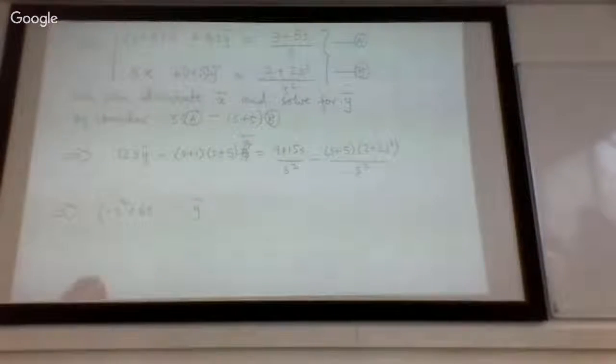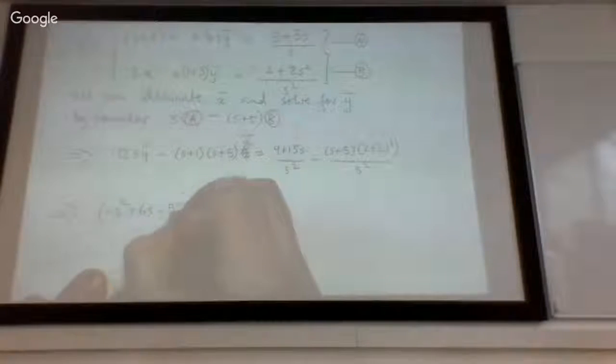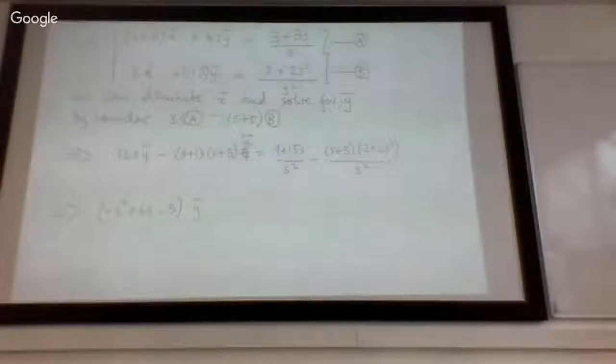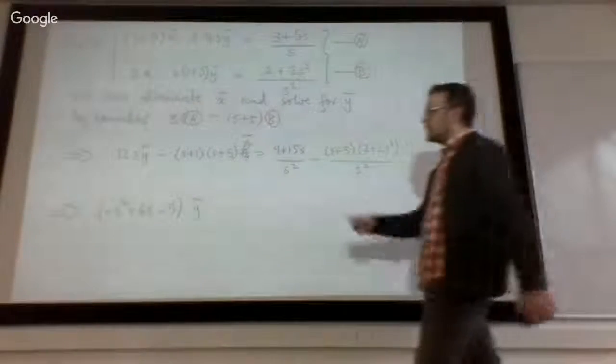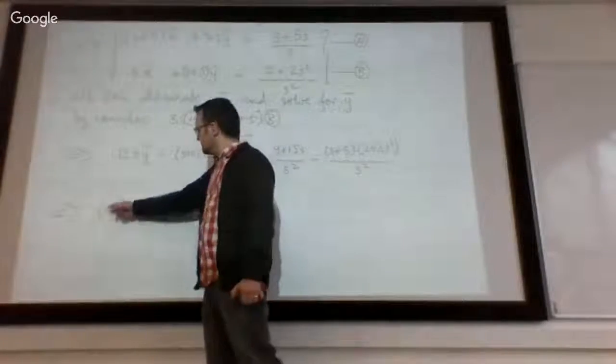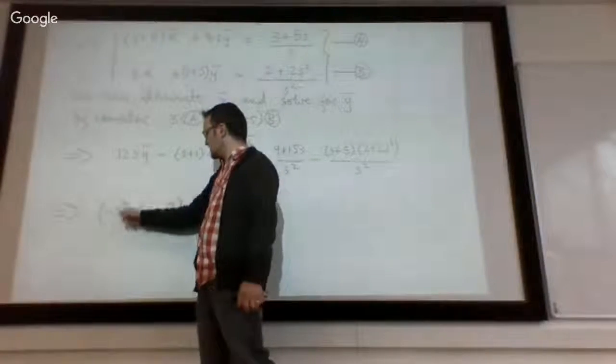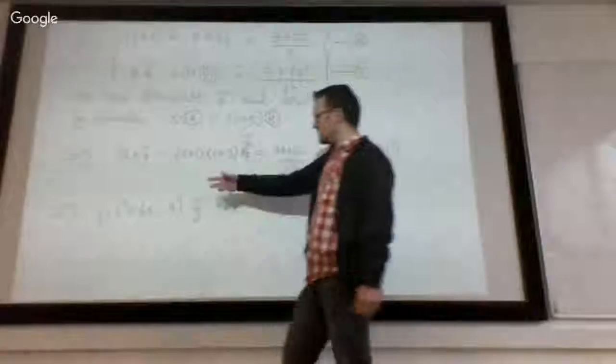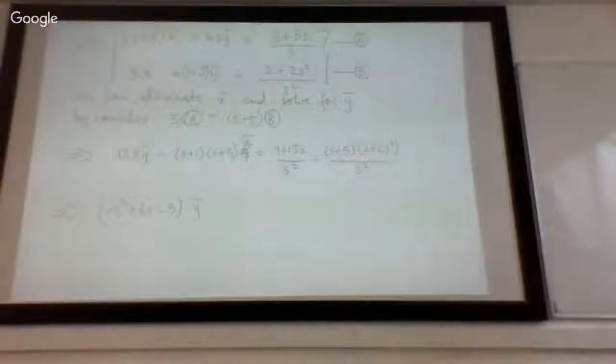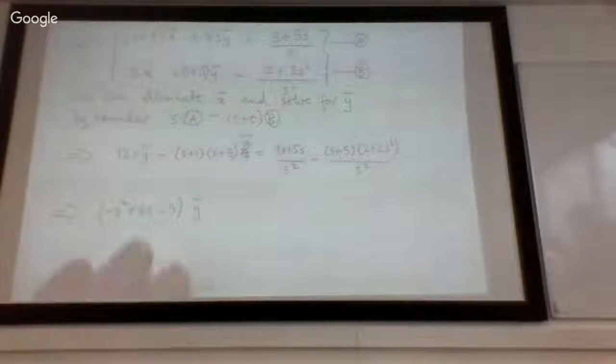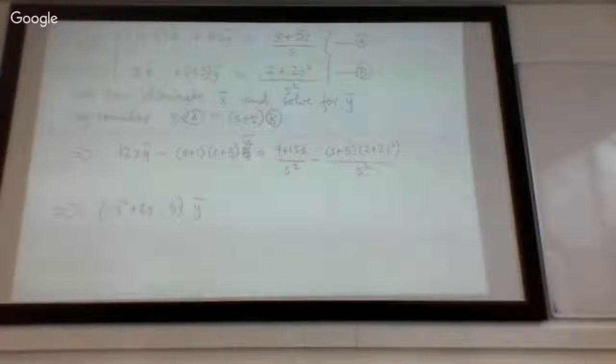It's got a minus sign, so it's minus 5. That's on the left-hand side. Normally I'd prefer to see that as s squared minus 6s plus 5, so I might want to multiply across by minus 1 in a moment, just to simplify matters.